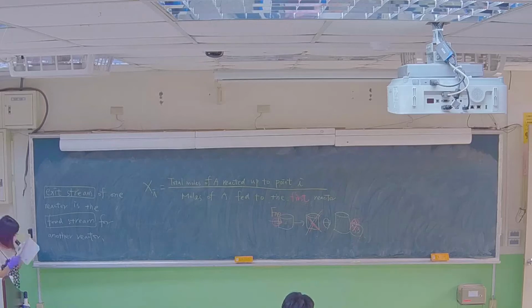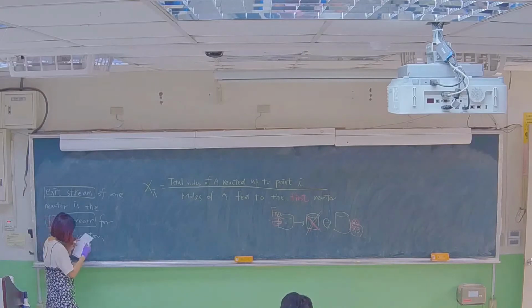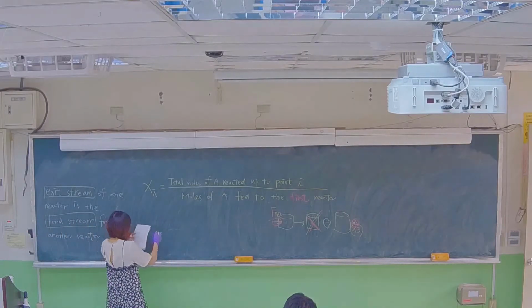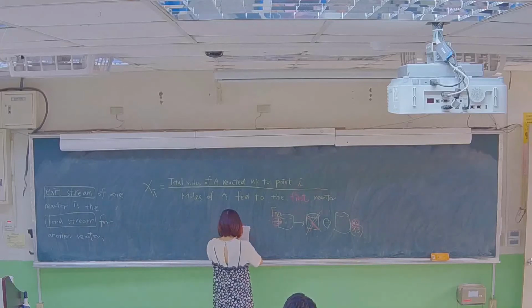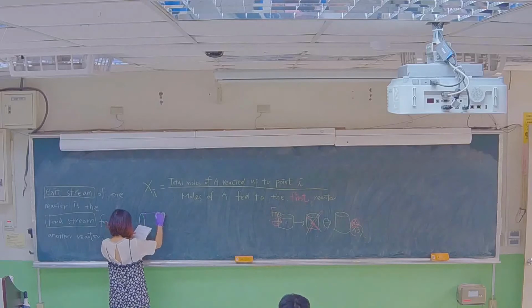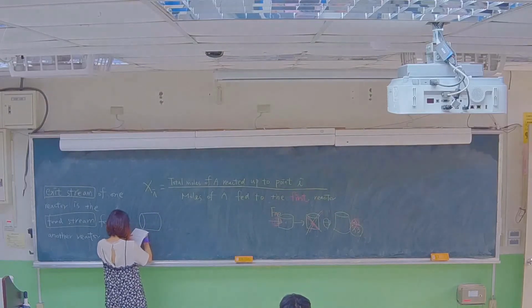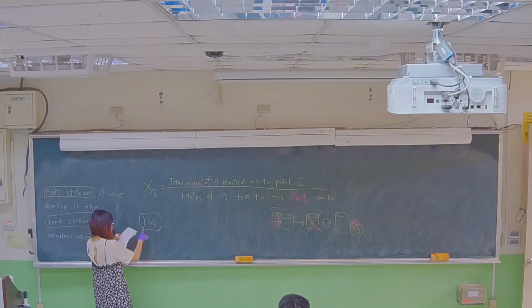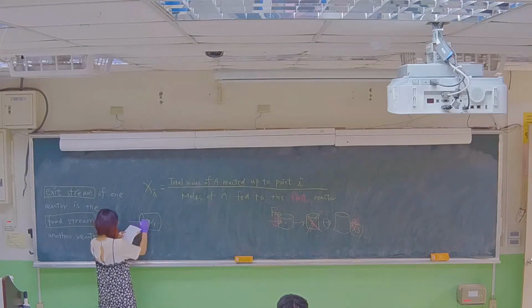So go to the second slide, 26. So there is a figure, right? Let me draw this figure. So the first reactor, the volume, we denote it as V1.